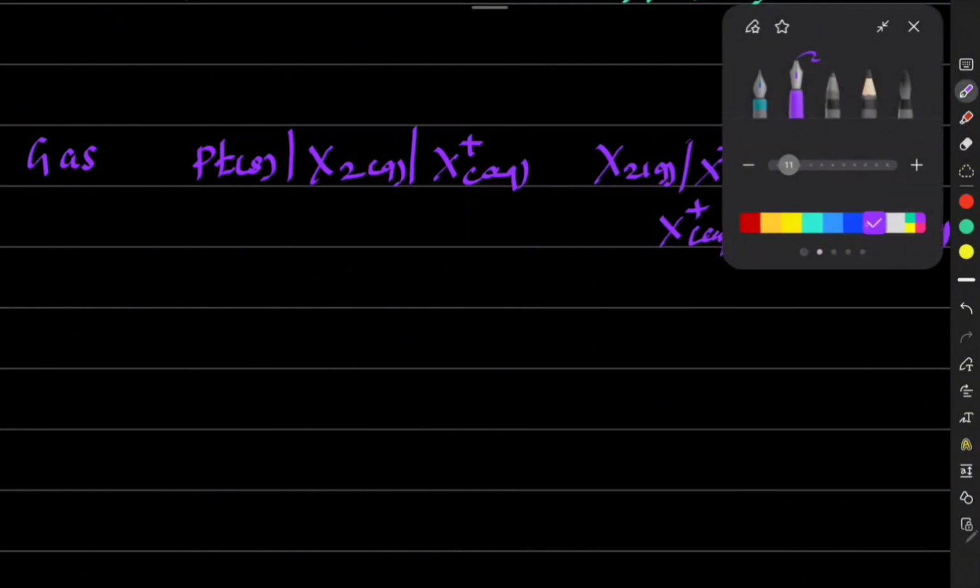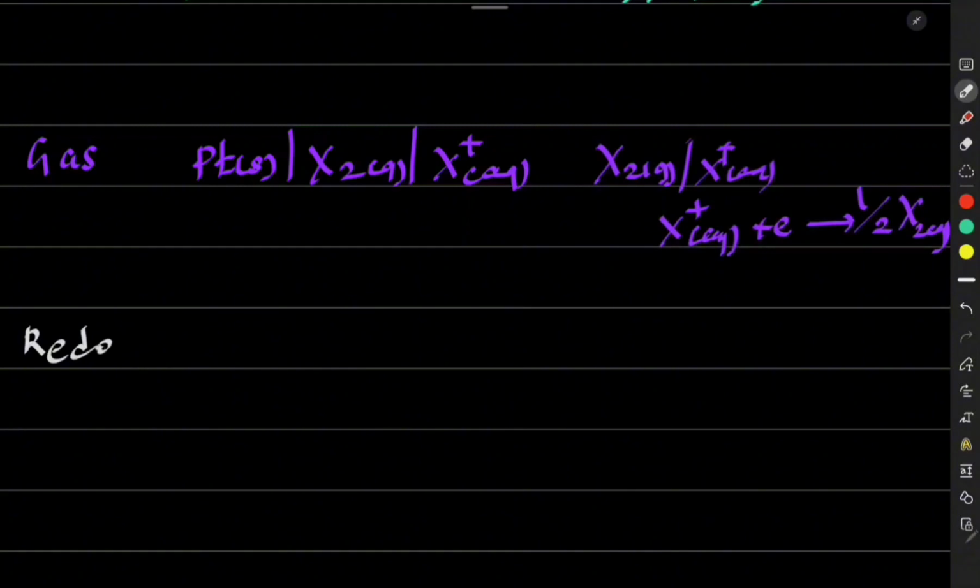The last electrode is redox electrode. Redox electrode's notation is Pt solid interface M plus ion aqueous and M2 plus ion aqueous.